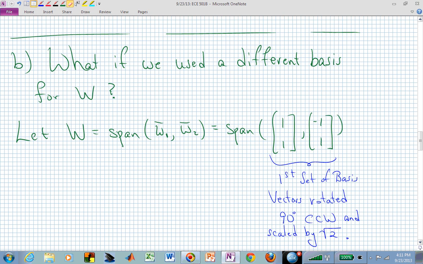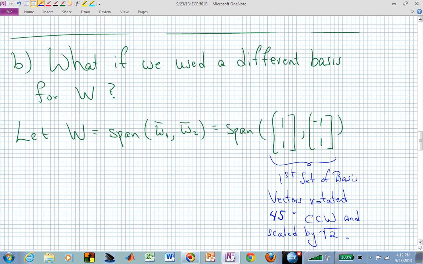Do you see that these 2 vectors, W1 bar and W2 bar, are now effectively like rotating the XY set of vectors through 45 degrees and scaling them by a square root of 2 factor, since we're now going to 1, 1 and minus 1, 1.